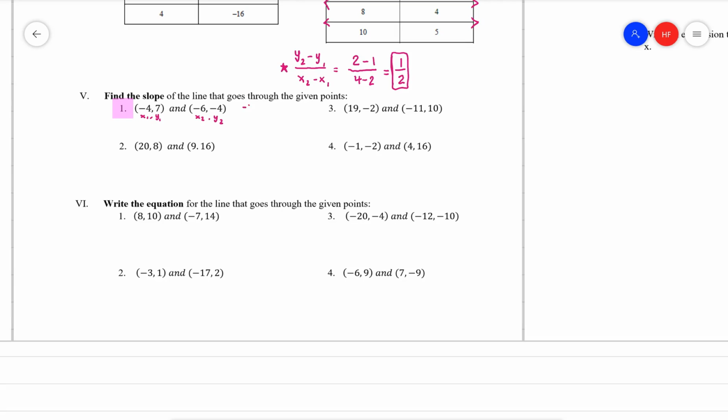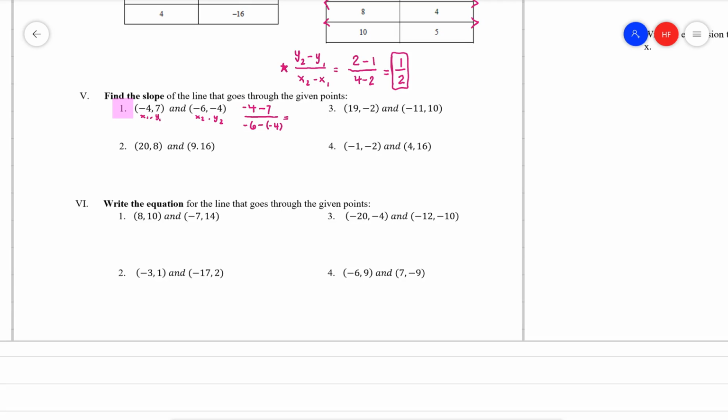So y2 is negative 4 minus y1, which is 7, over x2, which is negative 6, minus negative 4. So be careful with those double negatives. Now we have negative 4 minus 7.